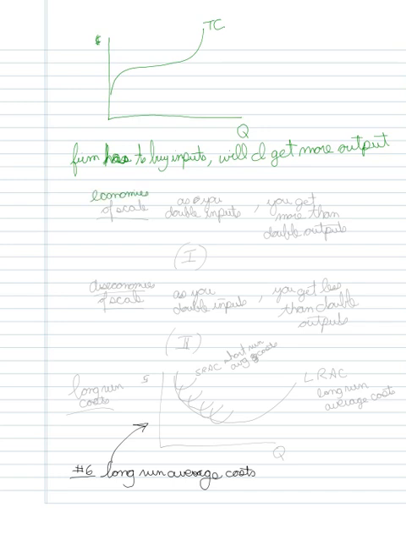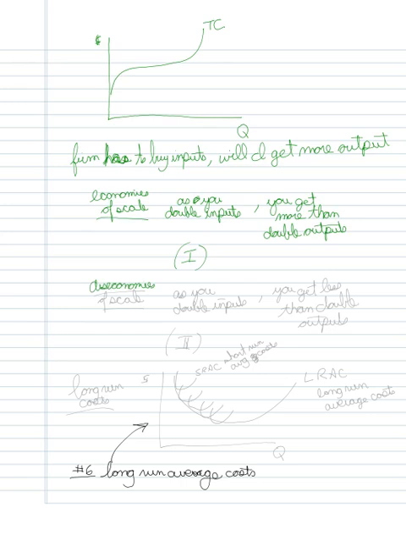In the economies of scale region, as you double your inputs, you get more than double your outputs. Basically, you have very productive workers, which means that you're in region 1.